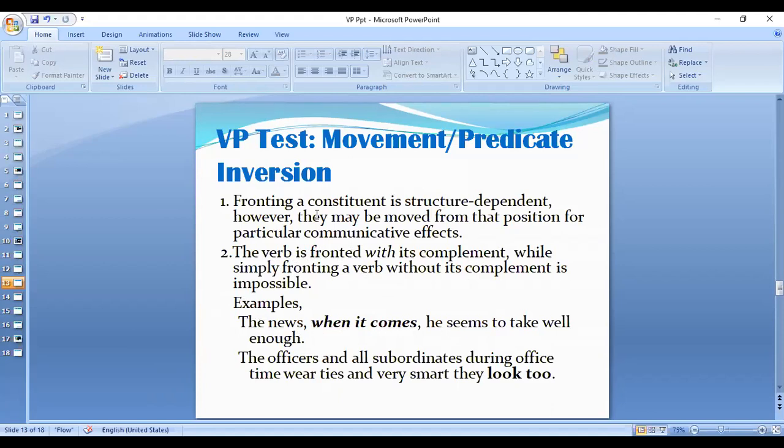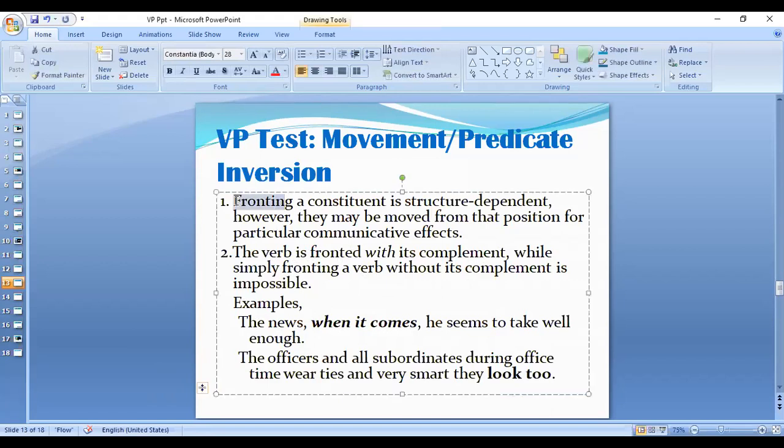Here, the fronting. This is the act of moving to the front. Look here: the news when it comes. This is a verb phrase. Actually, this "when it comes" is indicating the news. It is moving to the front part. So "he seems to take well enough" is a verb phrase.